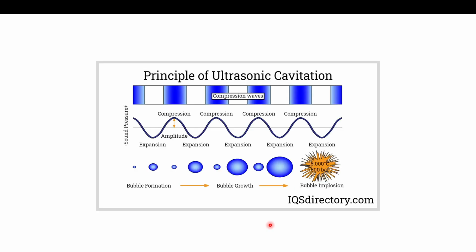Okay. So this is what happens. This is the pressure of the sound. It has compression and rarefaction events. Okay. And due to these uneven and random compression rarefaction events, these bubbles are formed, which either grow eventually and then suddenly implode or explode. Okay. Thereby disrupting the cells.